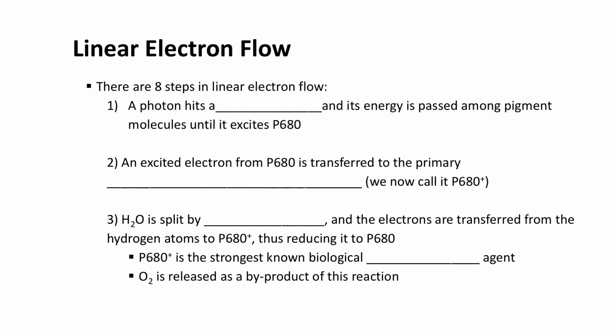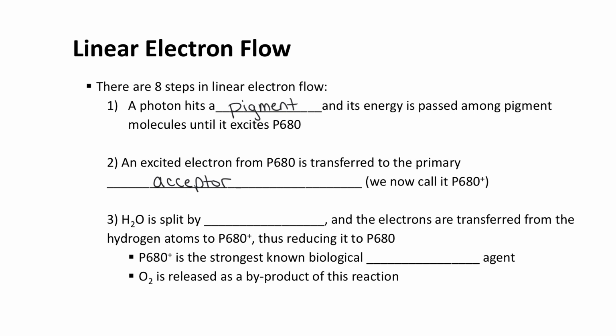The first step is a photon hits a pigment and its energy is passed among the pigment molecules back and forth until it finally excites P680, that chlorophyll in photosystem 2. An excited electron from P680 is then transferred to the primary electron acceptor. We now call it P680+.